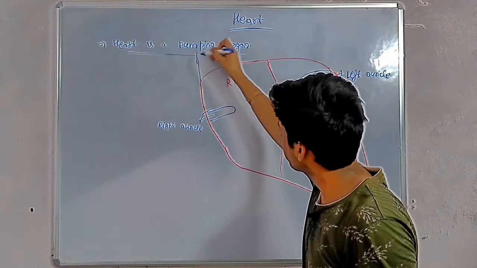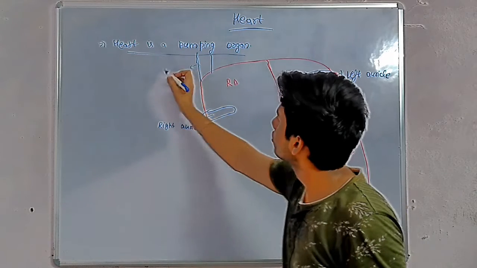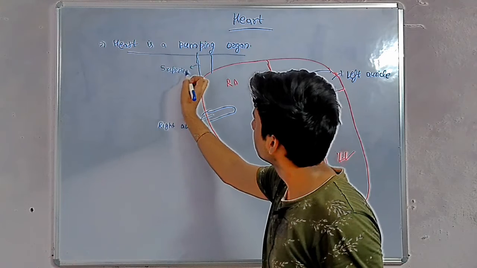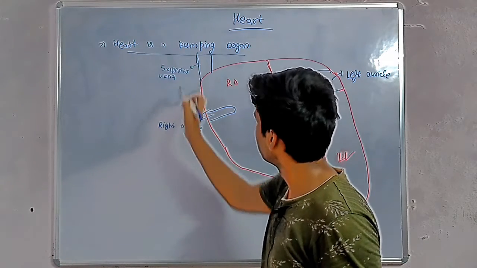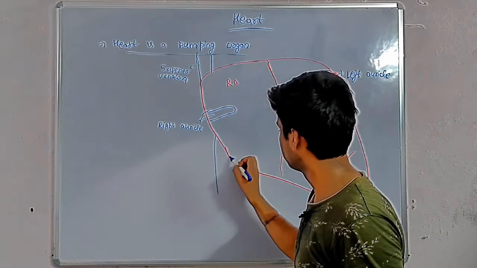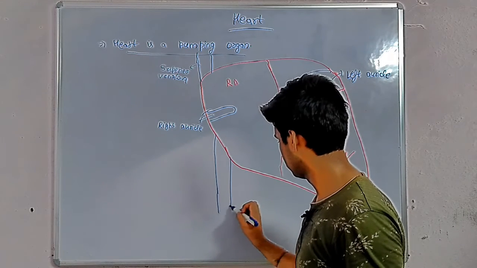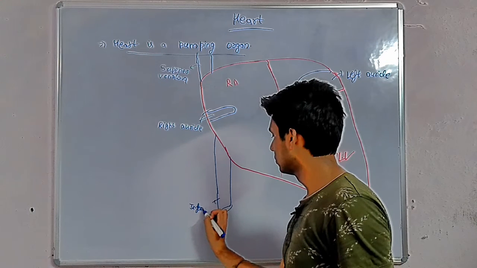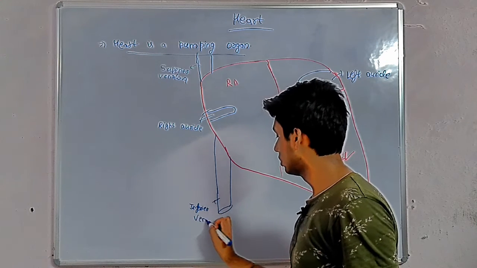So first we have covered the border surfaces. In the right atrium superiorly, this is called the superior vena cava, and this is the inferior vena cava.